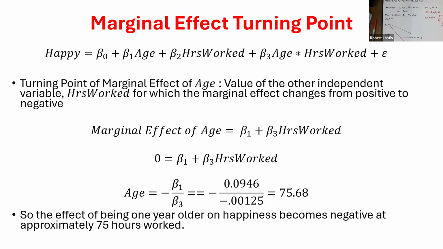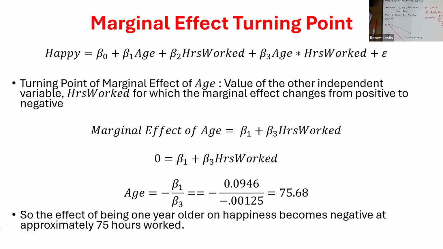Because let's say I interacted income with, I don't know, another good continuous variable that we could look at with happiness. Let's do income with kids or something like that, right?